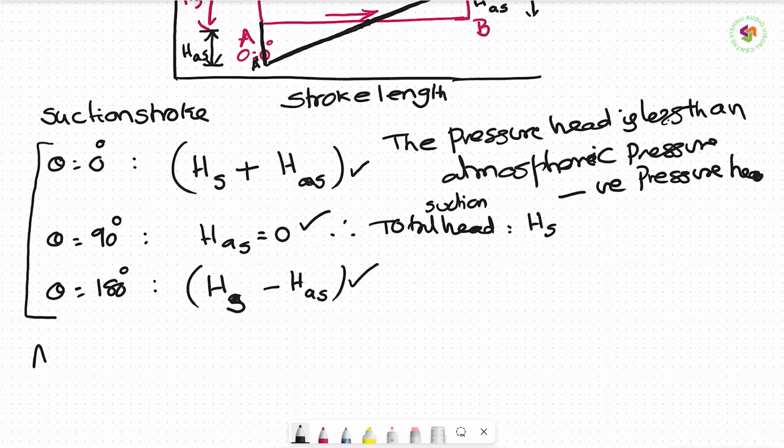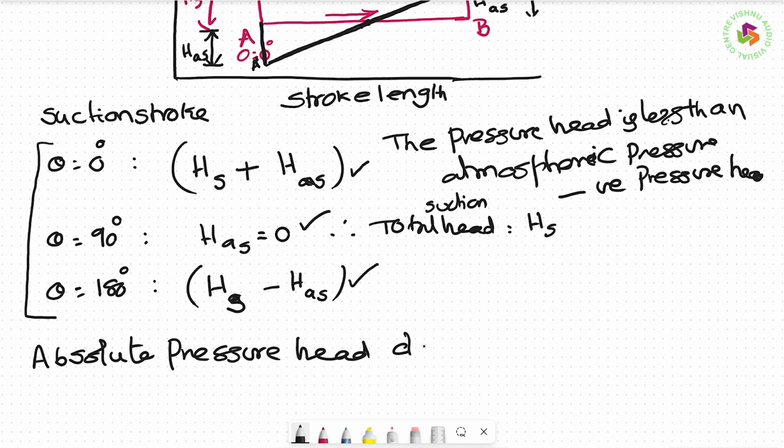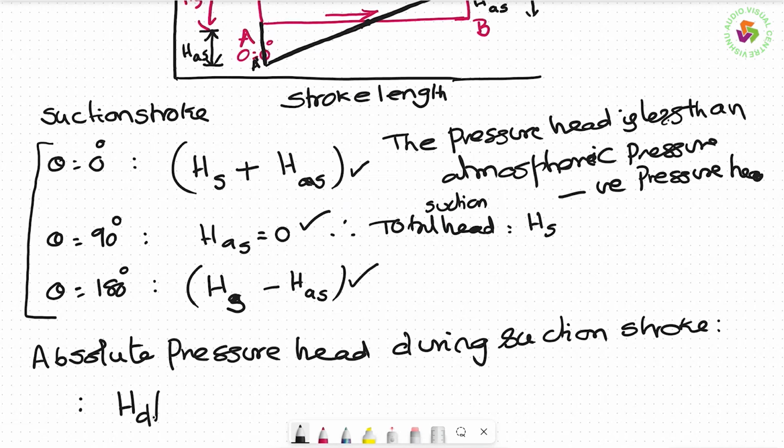Now we want the absolute pressure head during the suction stroke. Because it is negative, it is H atmosphere minus HS plus HAS. This is what you should remember.